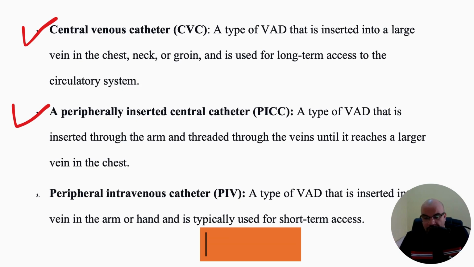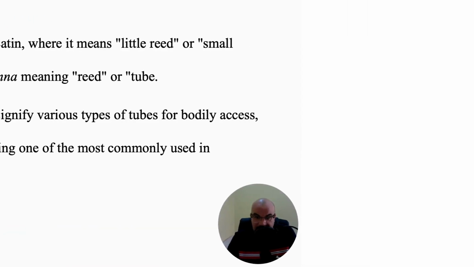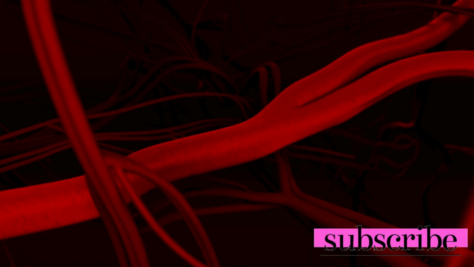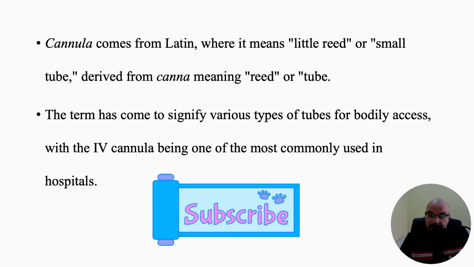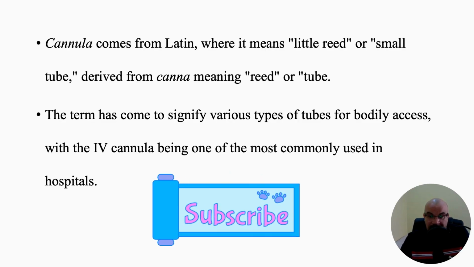And there is what we all know, the peripheral intravenous catheter or PIV, which is what we call here the cannula. This is an example of the PICC. The term cannula, just for your information, comes from the Latin origin, which means a little reed or a small tube.